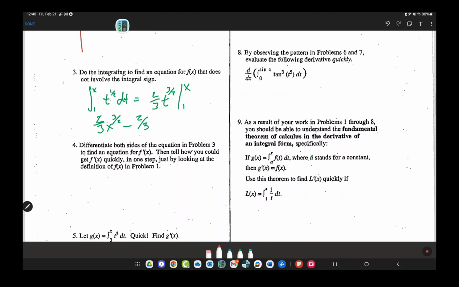If we take the derivative of my function, d dx of the integral of 1 to x of t to the 1/2 dt, what would that be? Well, do I already know what the integral is? Yeah, that would be taking the derivative of 2/3 x to the 3/2 minus 2/3. What's the derivative of this?